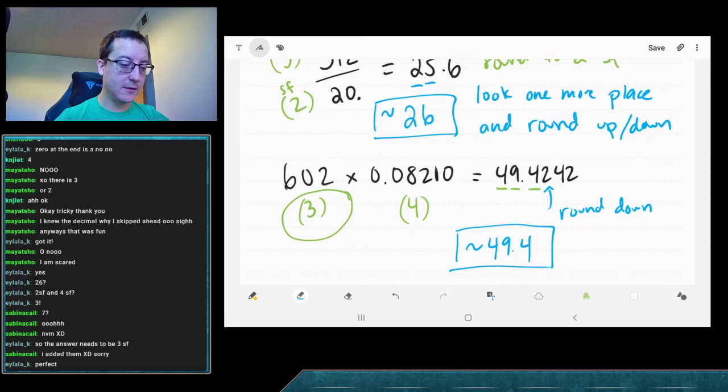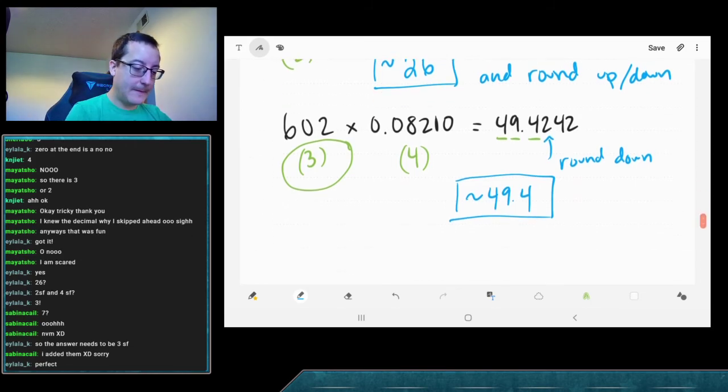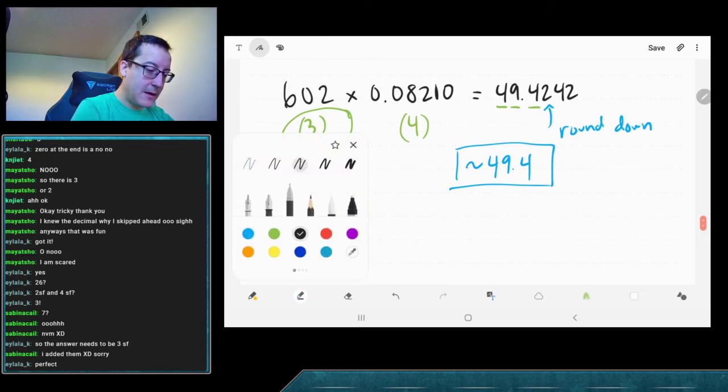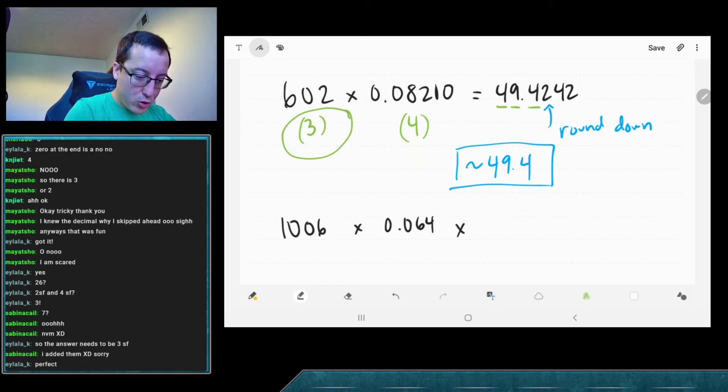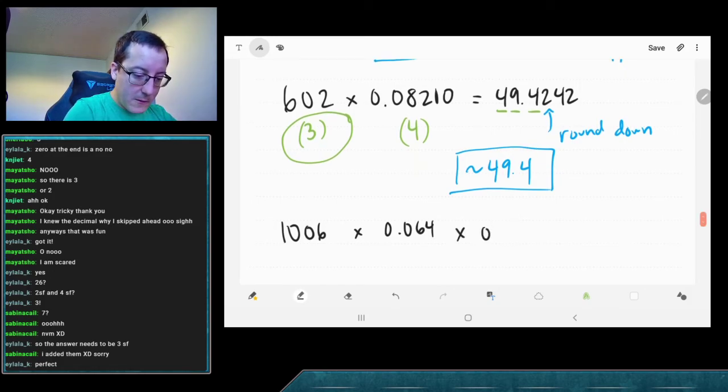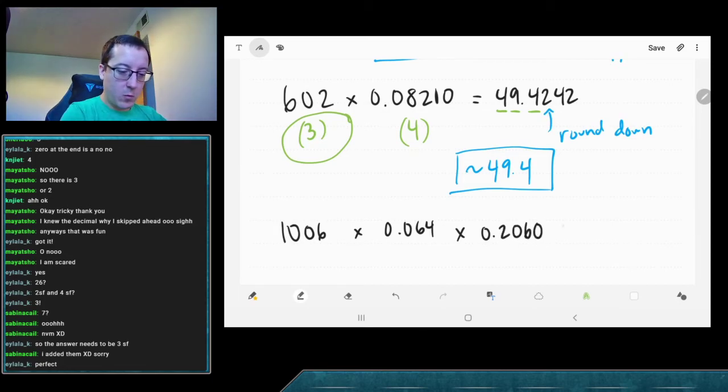Perfect indeed. Alrighty, let's do another. We can do this with multiple numbers. It doesn't have to just be 2 numbers.